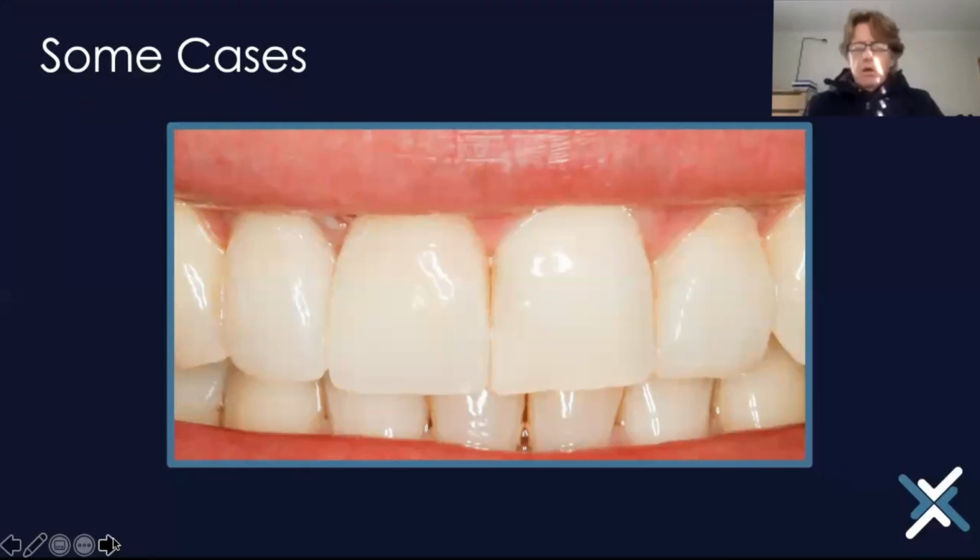And the veneer on the other side, albeit that the teeth are not perfectly symmetrical, I'm convinced that you can agree with me that the result is a little bit better, and that this is a happy patient and still today is.